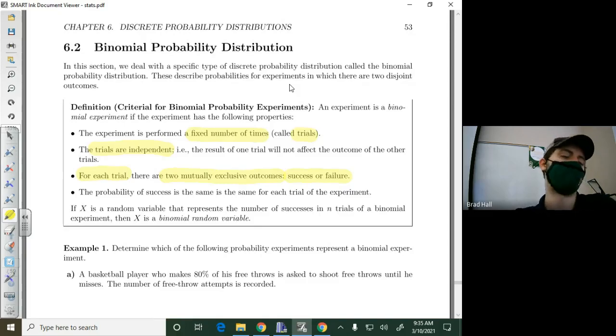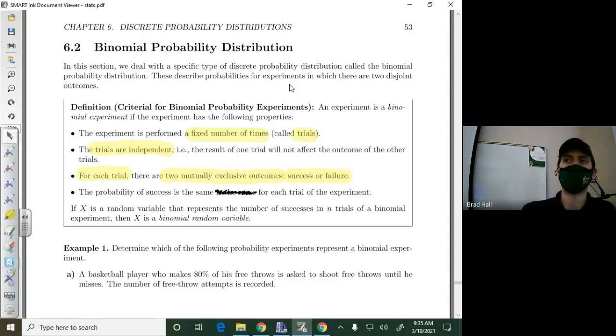And the last one, I'm not really going to focus on too much. The probability of success is the same for each trial of the experiment. So every participant has an equally likely chance of having a success or failure.